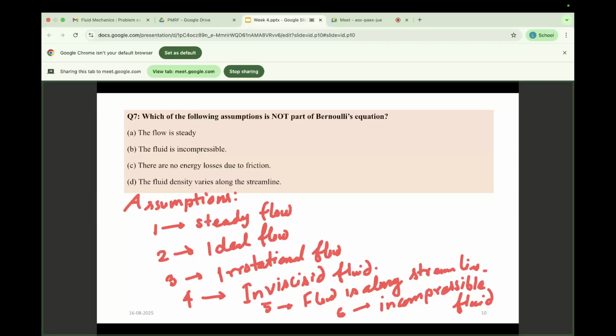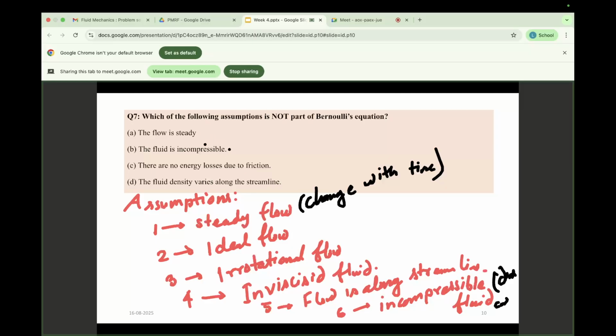If I talk about steady, what exactly is steady? Steady means the flow doesn't change with time. Incompressible means density is constant. If I talk about option A, the flow is steady, it is correct.